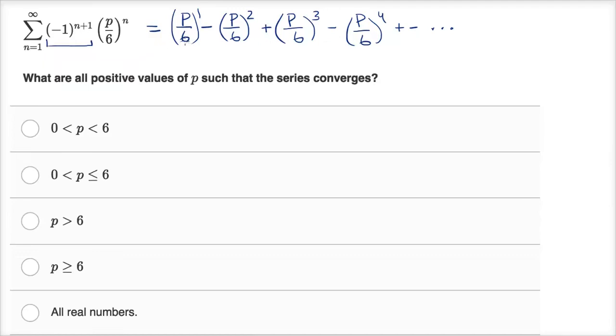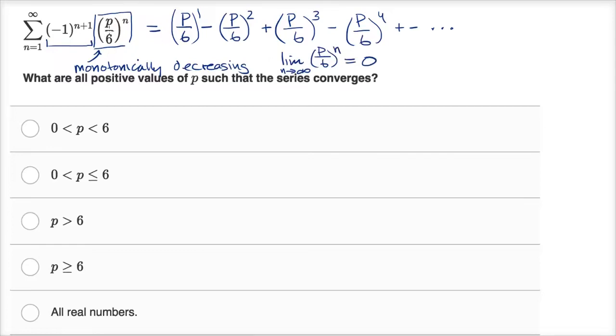And our alternating series test tells us that if this part of our expression, the part that is not alternating in sign, is monotonically decreasing, which is just a fancy way of saying that each successive term is less than the term before it, and if we also know that the limit as n approaches infinity of p over 6 to the nth power also has to be equal to 0. So under what conditions is that going to be true?